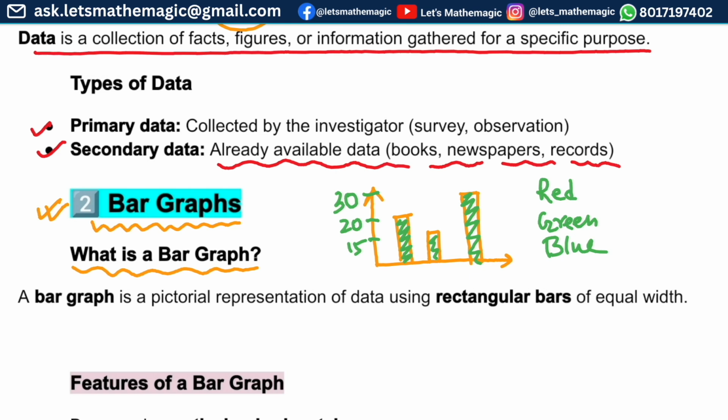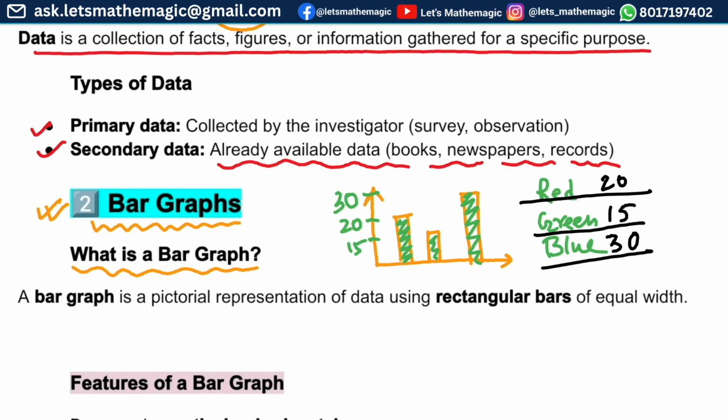According to their value, that we call frequency, how many students like the particular colors: red 20, green 15, and blue 30 students.